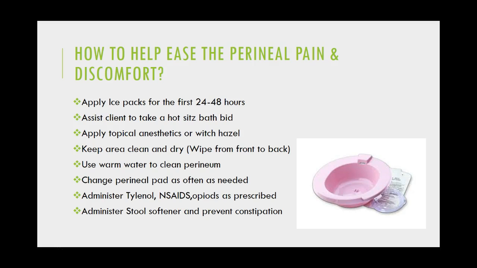You fill the hat up with warm water, and you fill the bag up with warm water, and you attach the tubing to the inside of this hat that goes in the toilet, and then open the clamp up, and the water will flow from the bag into the hat and almost make like a little whirlpool for mom's perineum. And it helps circulate warm water around her perineal area and help increase blood flow and speed up healing.